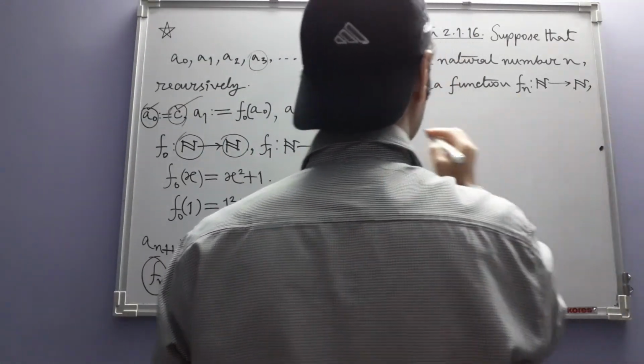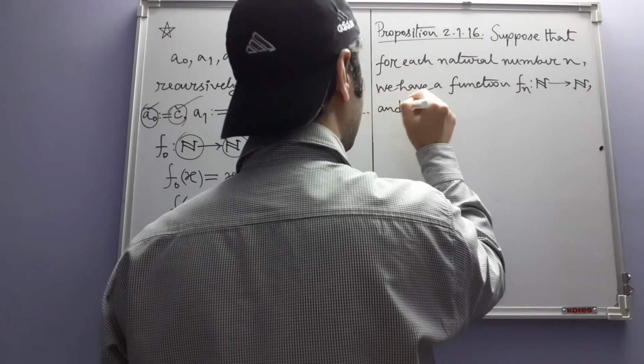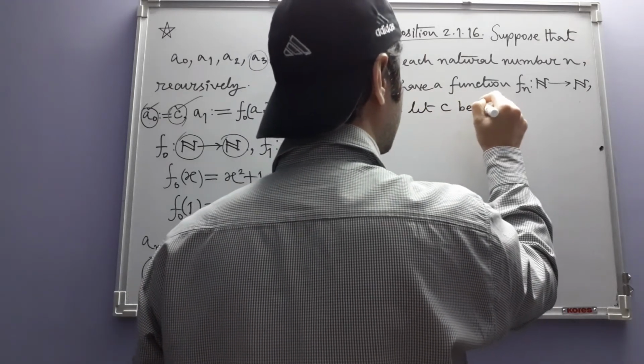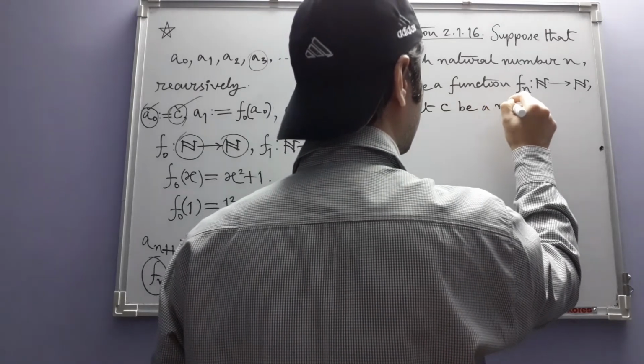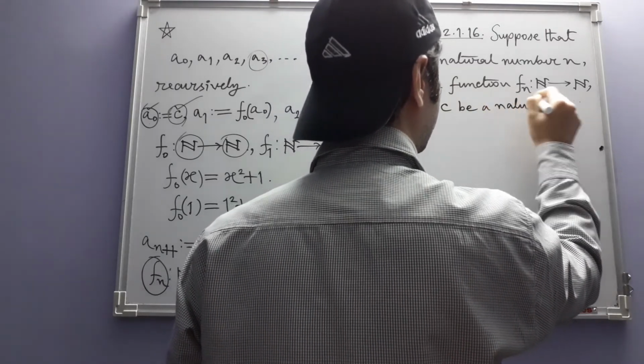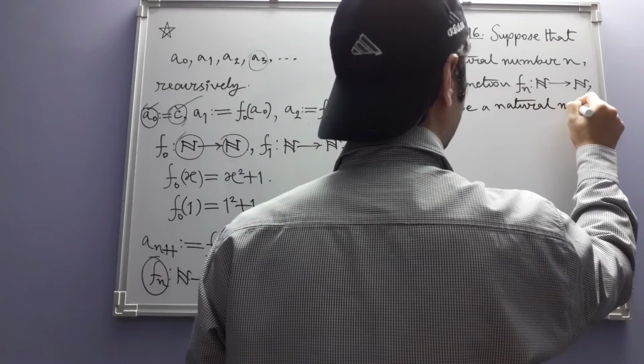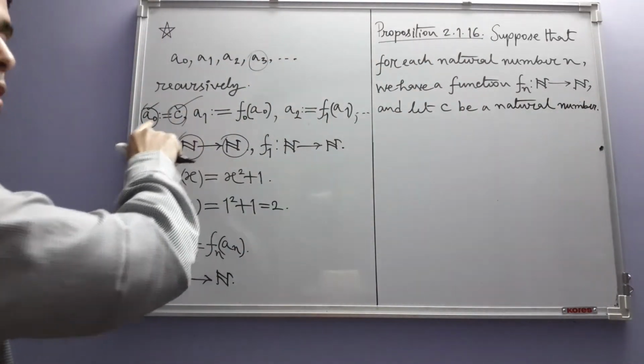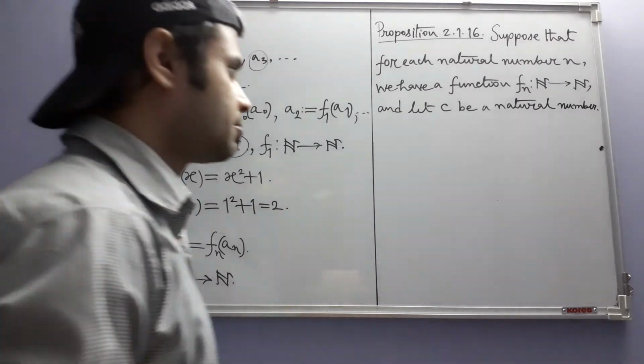And let c be a natural number. c is also a natural number because we need a base value, right?